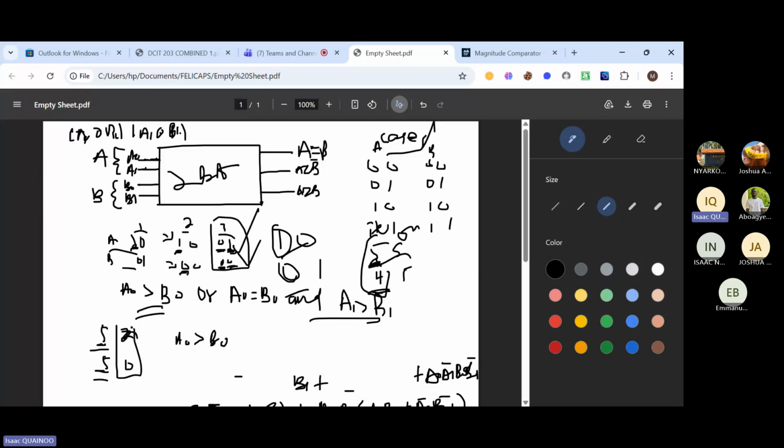Now you compare the second digit: A1, which is 2, is greater than B1. So if A0 is equal to B0 and A1 is greater than B1, then we can draw a conclusion that the first number here is bigger than the second number.